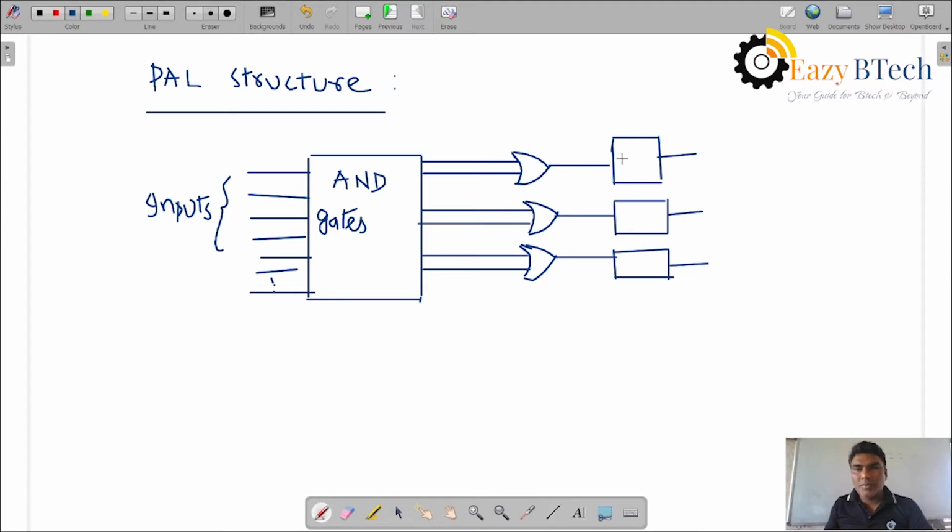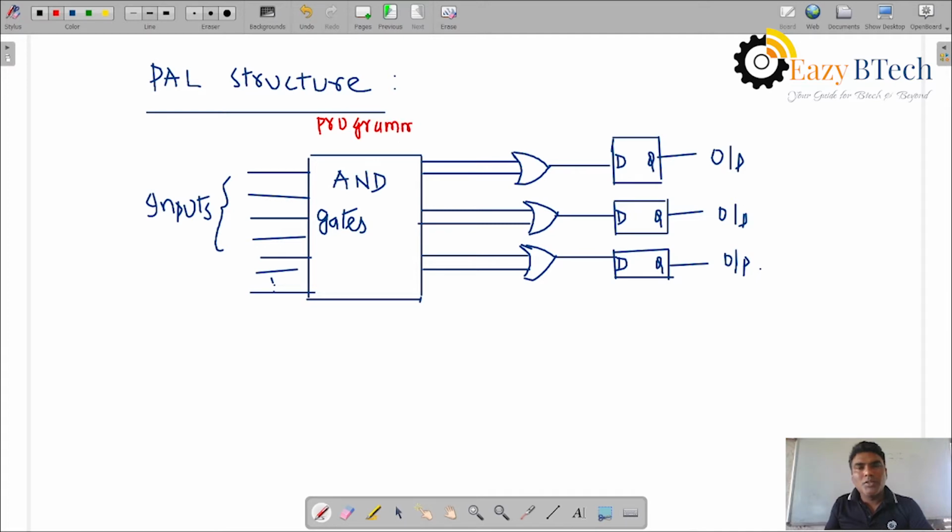The OR gate output goes to the D flip flop, which is a storage device, and the final outputs will be taken from it. The AND is programmable.